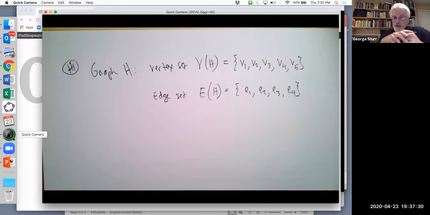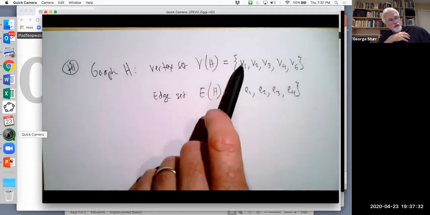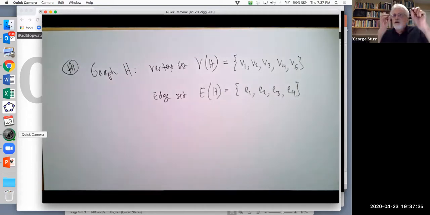If you want to visualize this, you can imagine the 5 vertices as 5 points, and then you have 4 edges that are connecting, relating those points together somehow. But you can imagine there's lots of ways that we could relate the edges. If there's 4 options here, there's all kinds of ways this could happen. That's why you must have this edge endpoint function to do that for you, to put the 2 together.